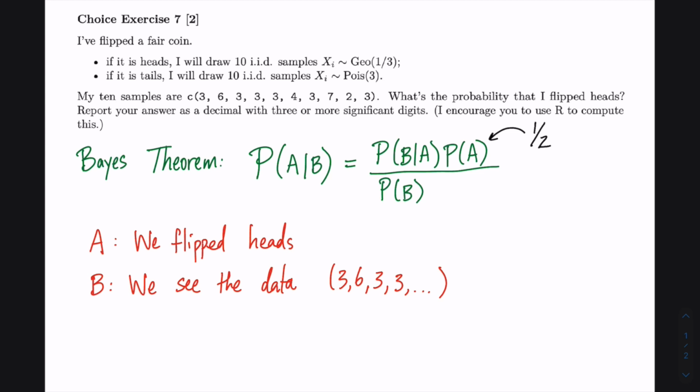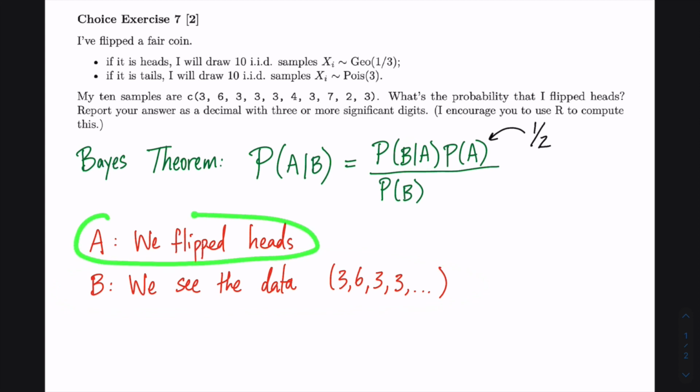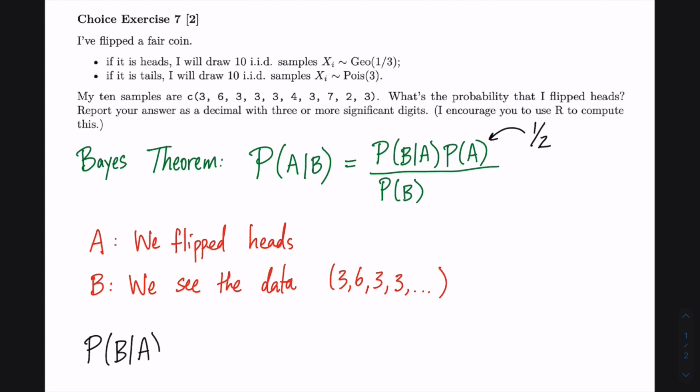And then we're going to say, okay, well, what's the probability of B given A? What's the probability that we see this data given that we flipped heads? All right. And so we can figure that out next. The probability of B given A is going to be, okay, well, the first thing we need to have happen is that we sample from our geometric distribution and we get a 3, which means we failed twice and then we succeeded once.